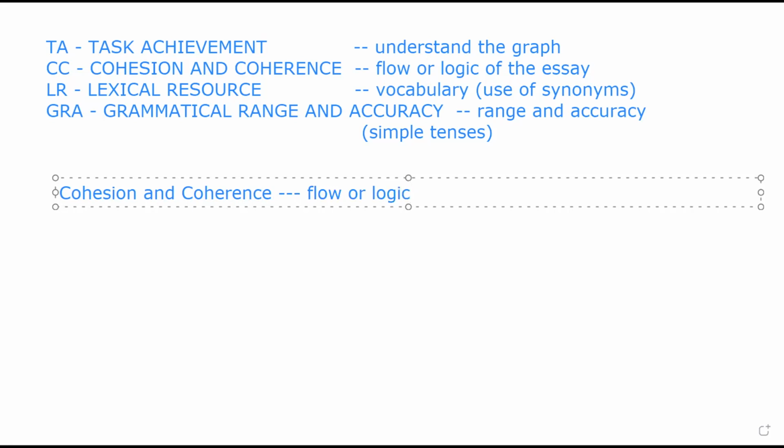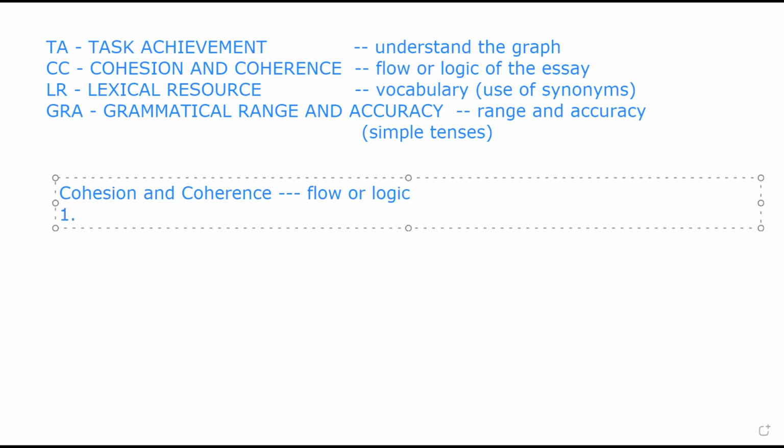Now, in many cases, correct me if I'm wrong, but many teachers here, new teachers, I mean, understand cohesion and coherence as simply the use of transition words. But this is a common misunderstanding of CC. All right. Because there is something deeper. What is that?